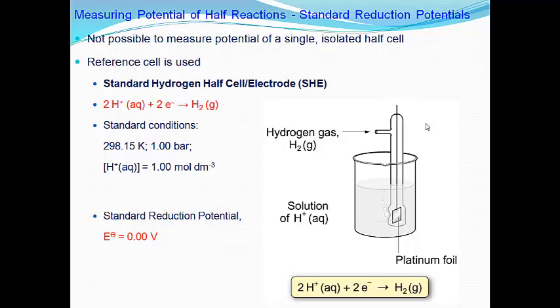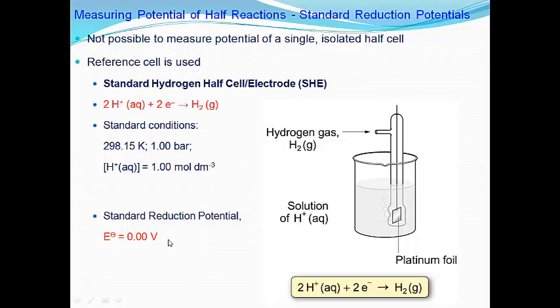That is to say, the potential for reduction of H plus to give us H2 is 0, and we call this the standard reduction potential, where E naught, the symbol for standard reduction potential, is equal to 0.0 volts.